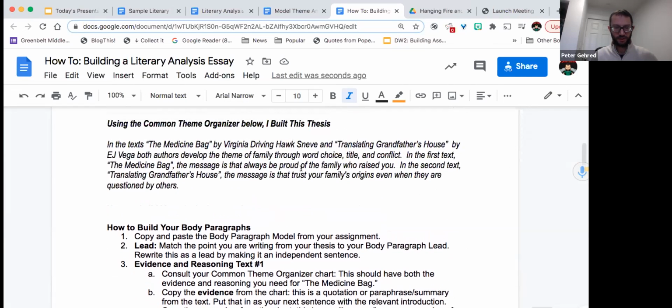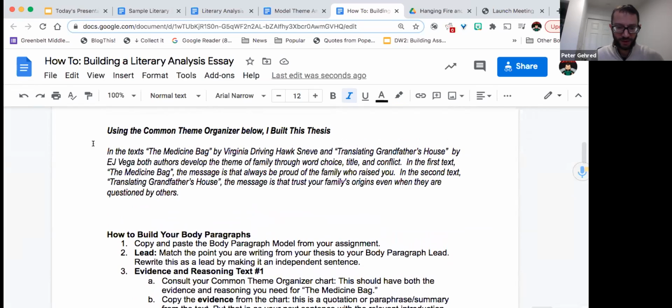So if we look at our thesis, we want to look at this part: in the texts "Medicine Bag" and "Driving Toxic Need," the authors developed the theme of family through word choice, title, and conflict. Word choice will be body paragraph 1, title will be body paragraph 2, conflict will be body paragraph 3. Right now we're doing body paragraph 1. We want to do word choice.